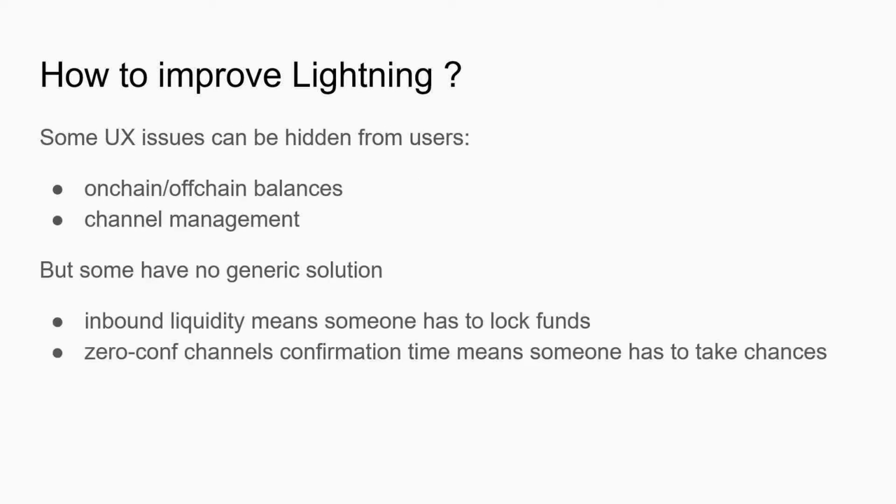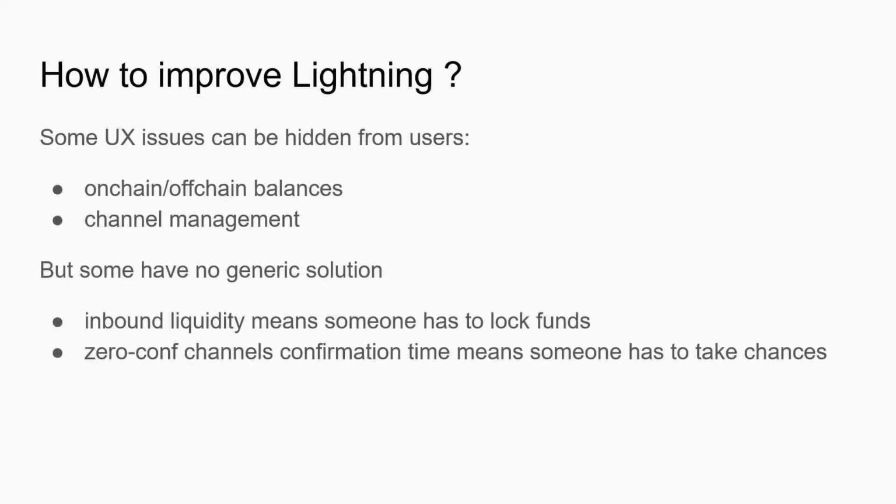And there are issues that could or should be hidden from users, like how do you present a unified payment experience? How do you present a unified balance? Do users really need to know what is on-chain, what is off-chain? Do they need to know about channels and channel management? But for this, there is not yet a generic solution.